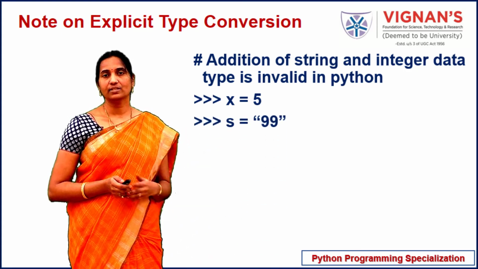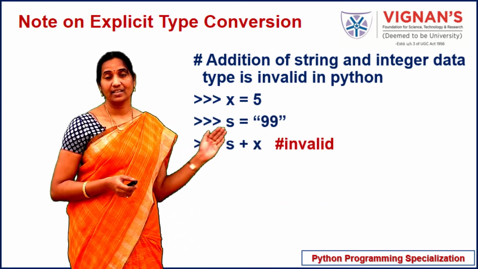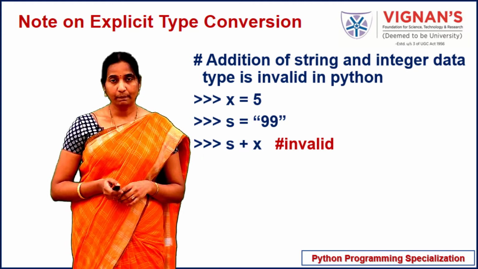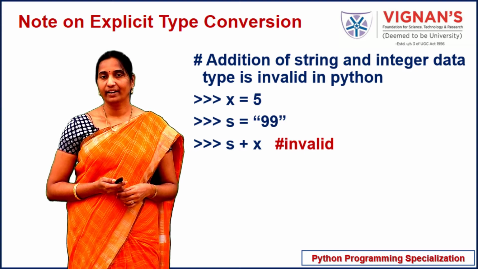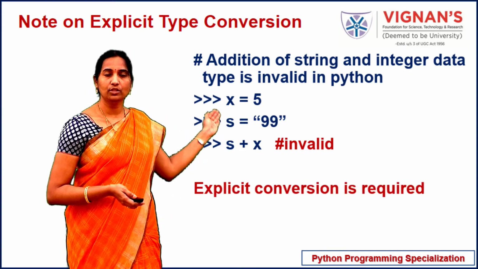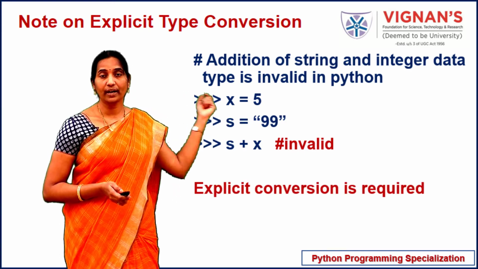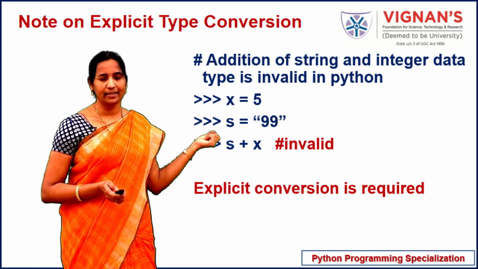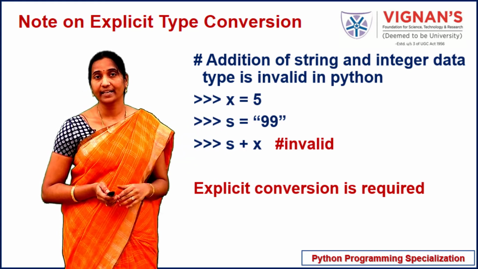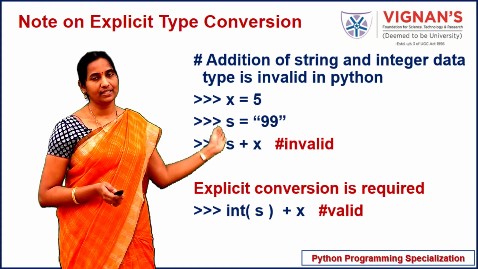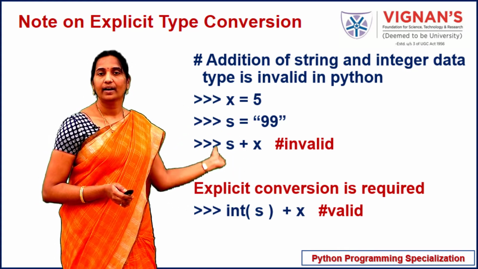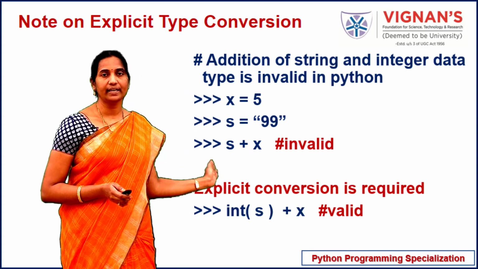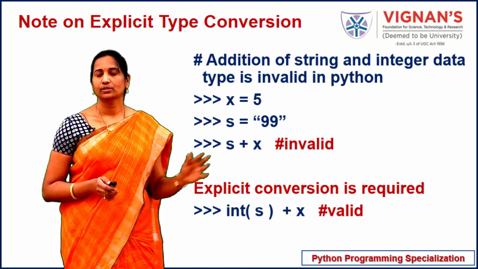Now s is a string, and adding s plus x is invalid in Python because Python does not allow any kind of unwanted changes in the type of variables. Whenever you want to make this operation valid, you need to convert the string explicitly to an integer and then apply the addition of s and x. Like int of s plus x, this is valid because you are explicitly converting the string s to an integer and then adding to another integer, which is valid.